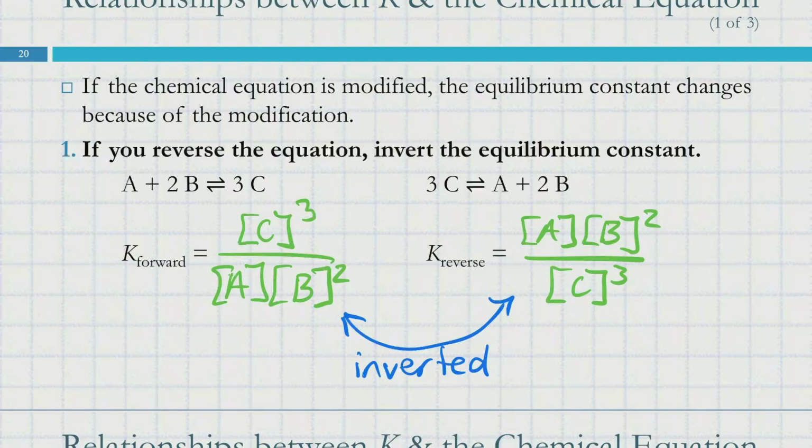So if our KEQ, as I'm used to calling it, was 5 for our left reaction, our equilibrium constant expression has flipped. It's inverted when we switched sides. So we invert the 5, and our equilibrium constant would be 1 over 5 for the other example.